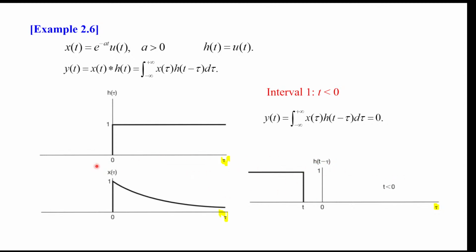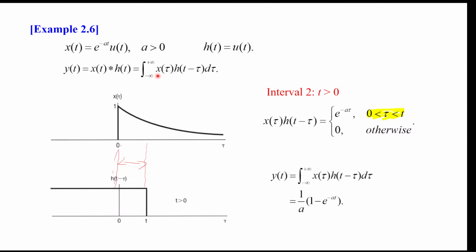When t is less than 0, h of t minus tau is a step function that stops at t. It has no overlap with x of tau, so their product is 0 and the integration is just 0. When t is greater than or equal to 0, the two functions overlap from 0 to t.